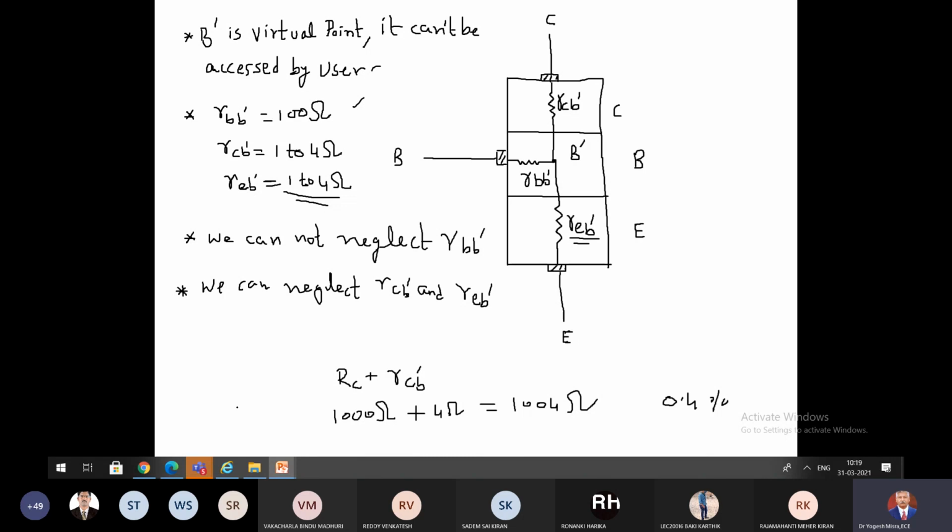Now here this RBB dash is called as base spreading resistance. It is called as base spreading resistance.